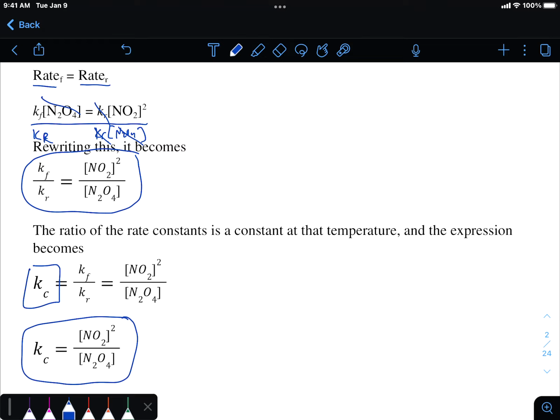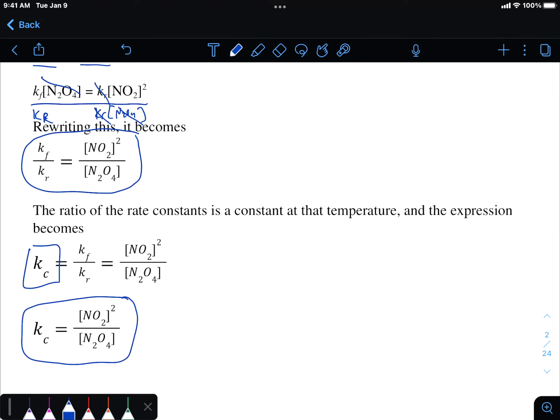And this is the generic method for writing the equilibrium expression. And again, when I say equilibrium, I stress that this relationship only holds true when it is determined you are at equilibrium, when you're at the state of equilibrium.